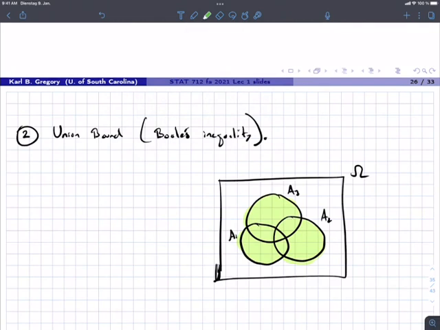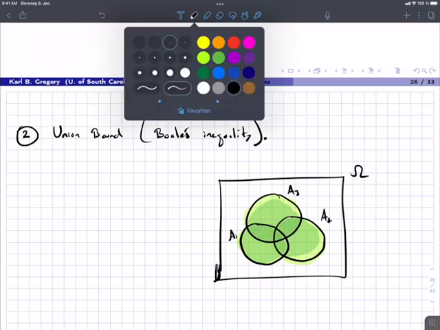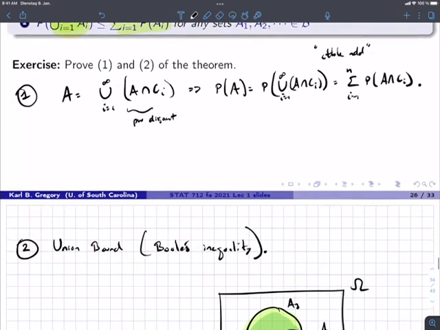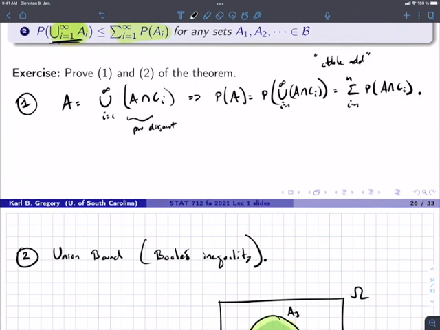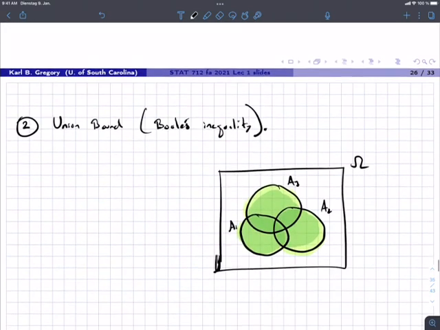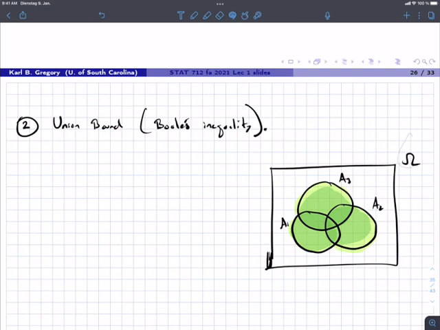But if I were to add the probabilities of the individual events, I would take this area plus this area plus this area, and we wind up kind of double or triple counting all of this stuff in the middle. And so it's easy to see that the probability of the union is going to be less than or equal to the sum of the individual probabilities. How do we actually prove it instead of just drawing a picture?